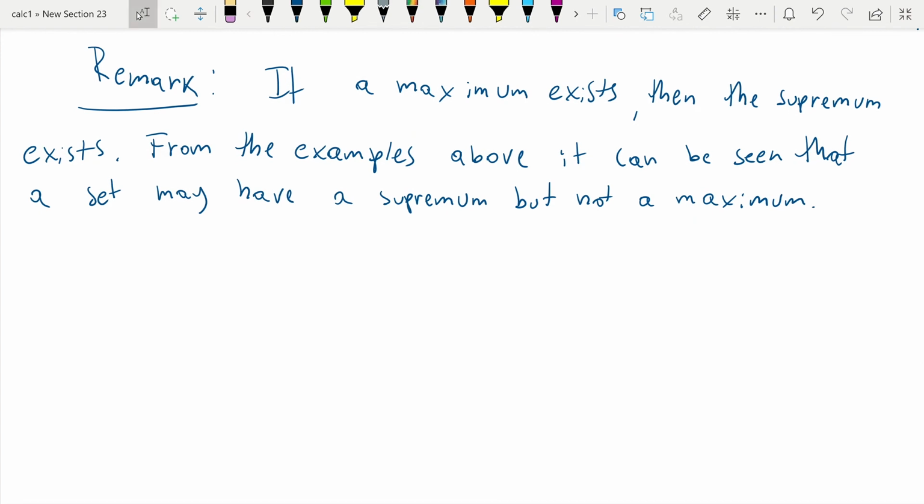Okay, so maximum means that there's a supremum, and in fact that supremum belongs to the set. So that's the way you have to think about it, and the same way for the greatest lower bound, namely the infimum.